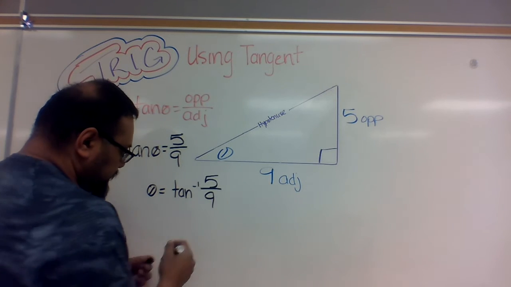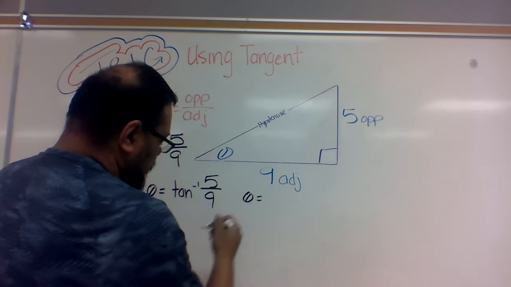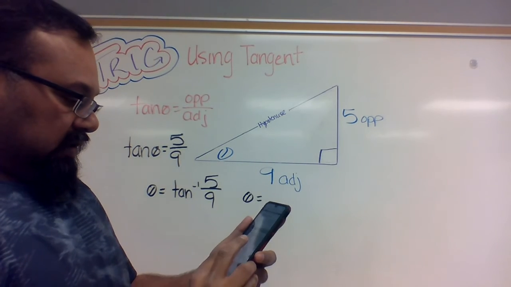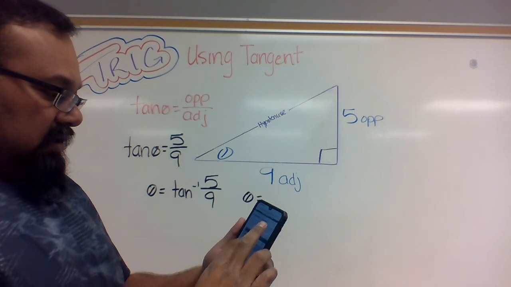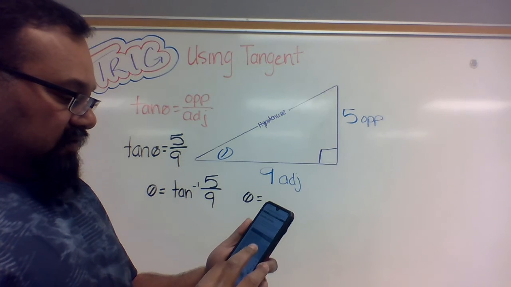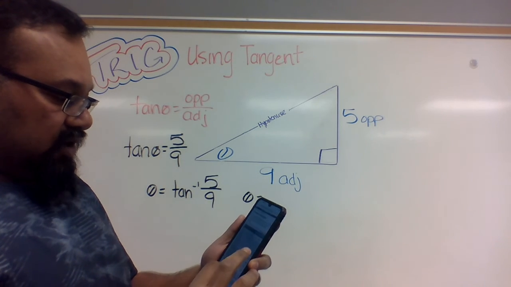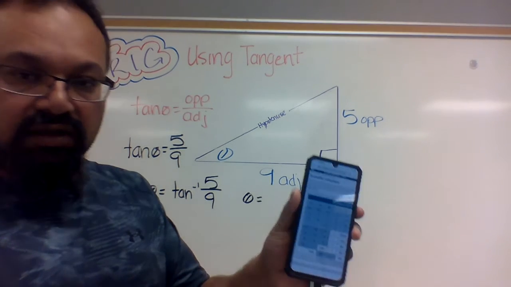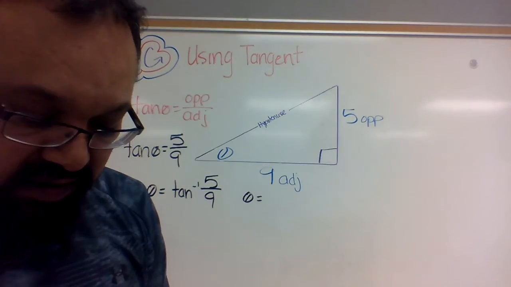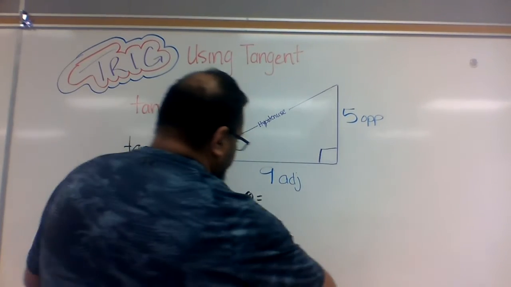I grab my calculator, hit clear, tan^-1 of 5 divided by 9, close the bracket, equals 29.05. We're just going to write it as 29 degrees.